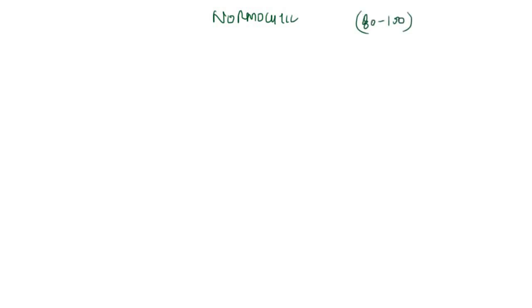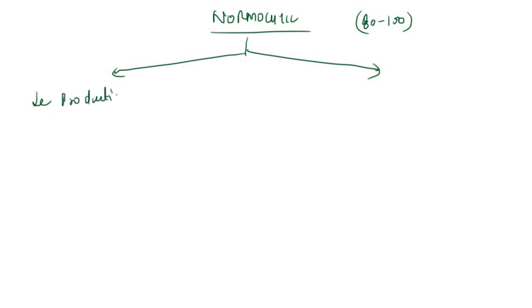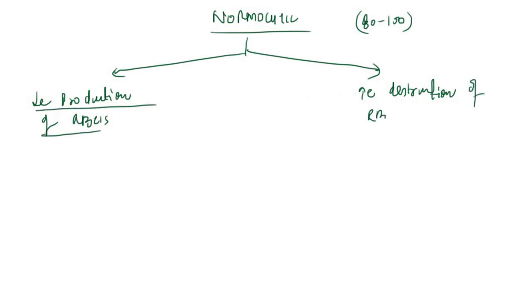Now we say that normocytic anemias may arise because of two reasons: either there is a decreased production of RBCs, or there is increased destruction of the existing RBCs. So there can be increased destruction of existing RBCs.